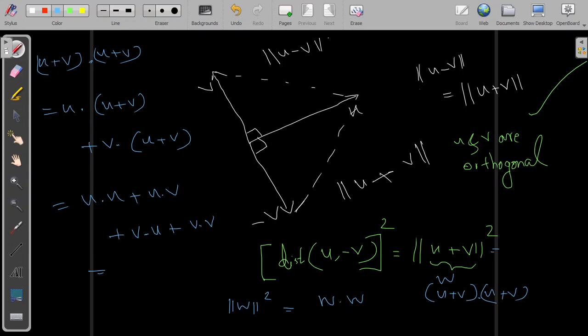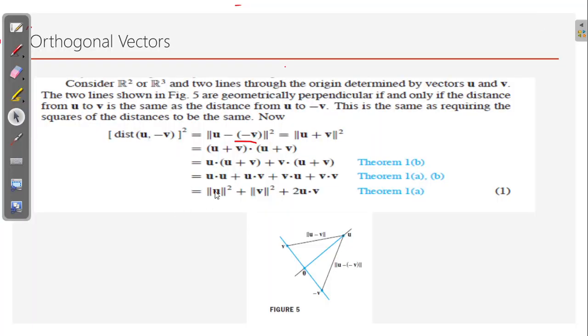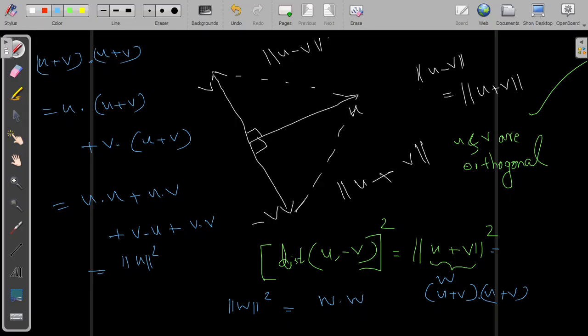That means u dot u is norm u square, plus v dot v means norm v square, plus 2 u dot v.